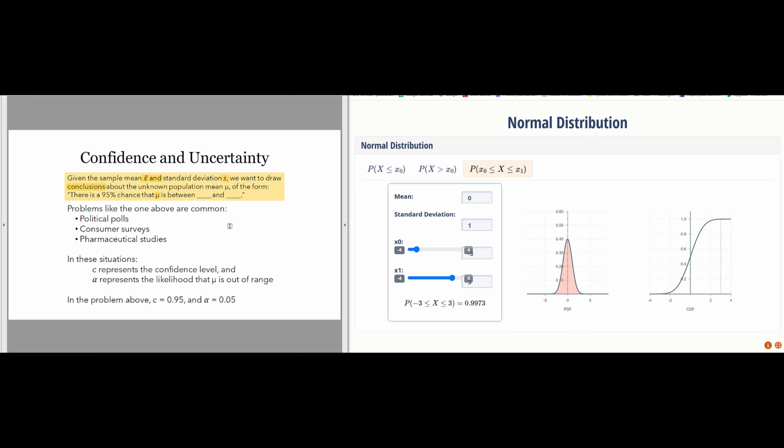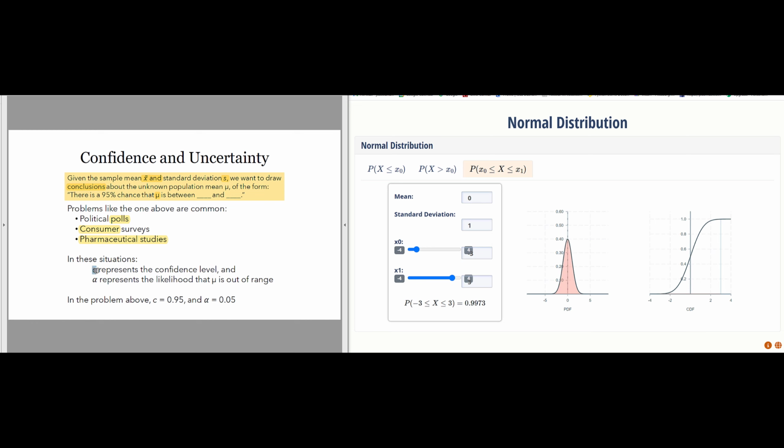If you take a larger sample, then the mean that you get for that sample is more likely to be closer to the true mean. This kind of thing is common in political polls, consumer surveys, and pharmaceutical studies to test the effectiveness and possible risks of medications or medical devices.